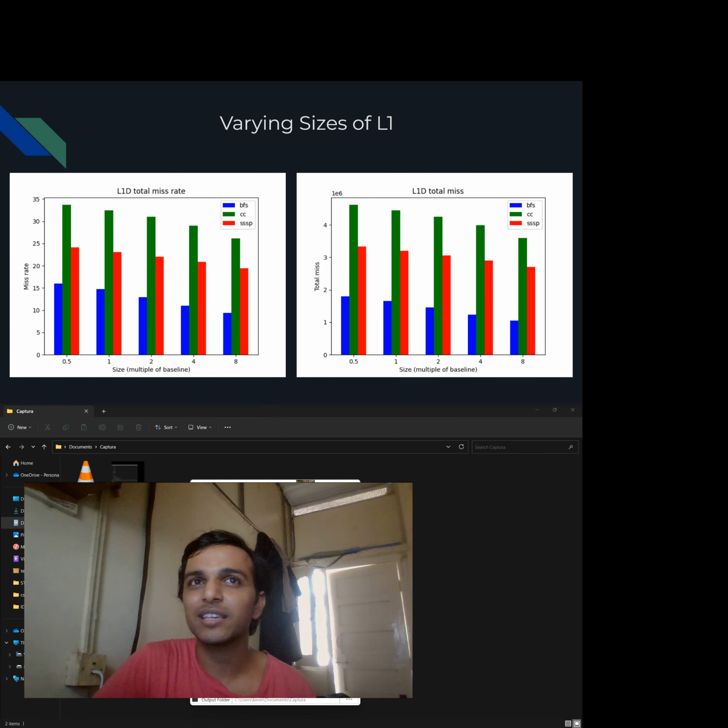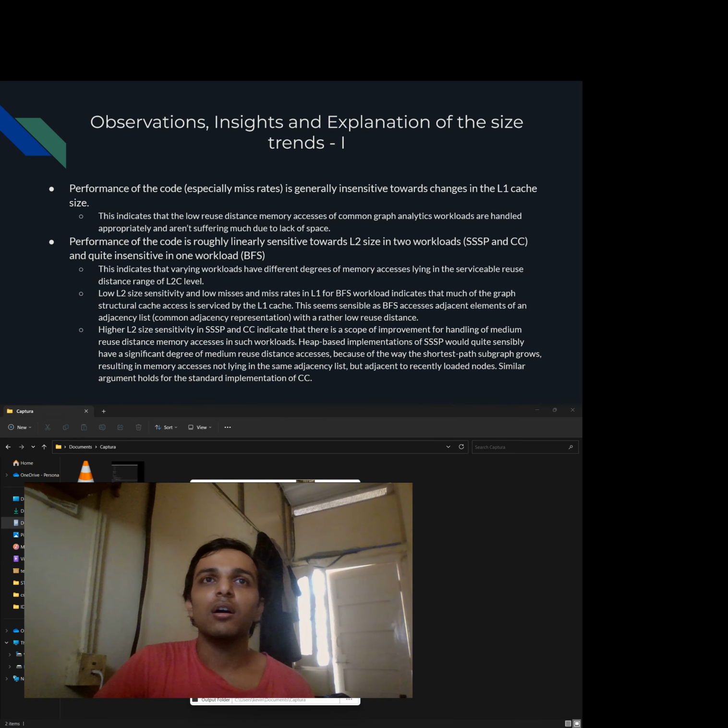So increasing L1D sizes is not very beneficial. The performance looks roughly logarithmic for two workloads, SSSP, single source shortest path, and connected components. And it is quite insensitive in the other workload, BFS.